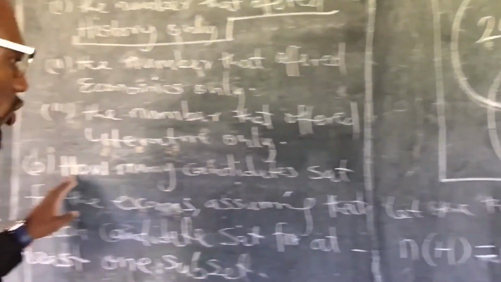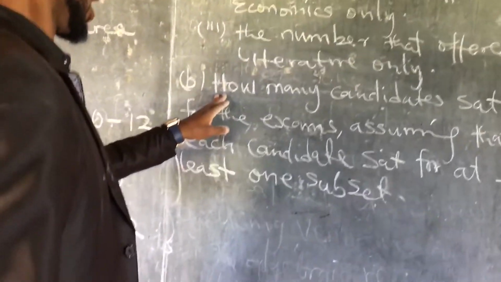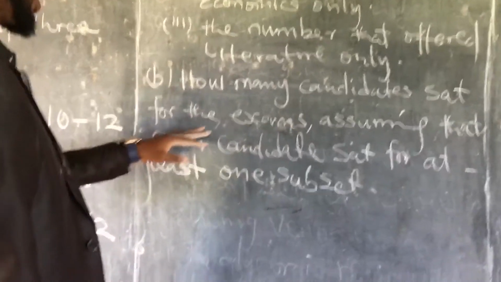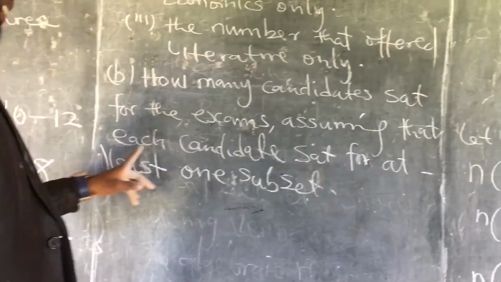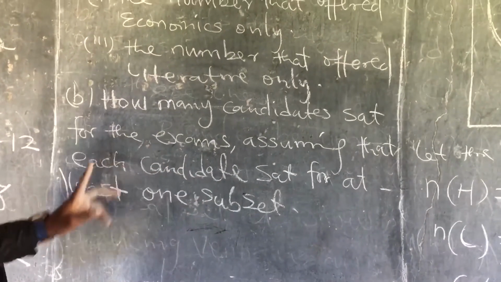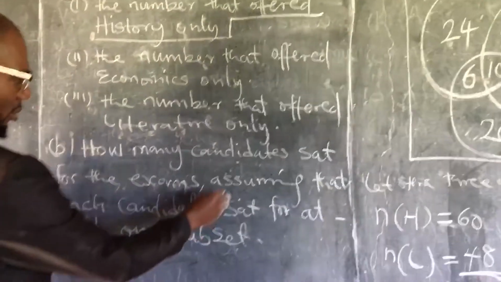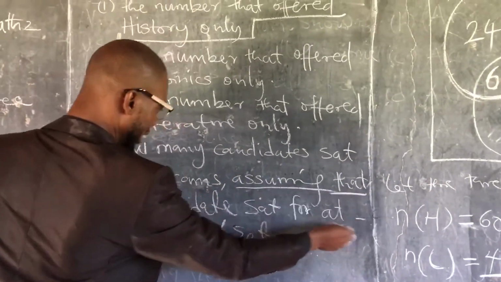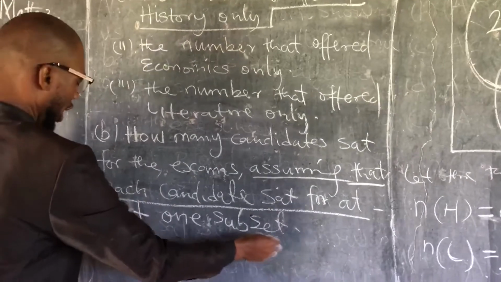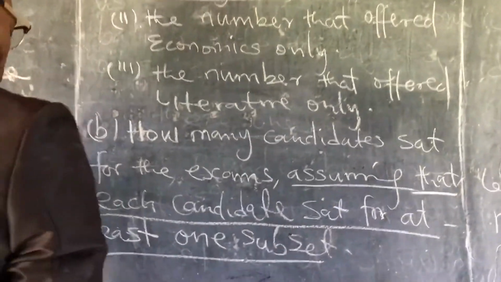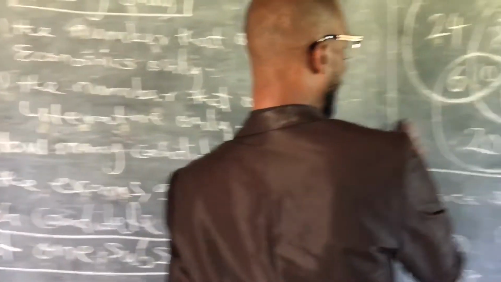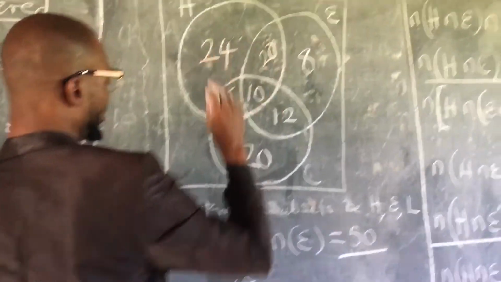And then our last question, question B, asks how many candidates sat for the exams, assuming that each candidate sat for at least one. With this last statement, they tell us that no candidate will not take any subject.